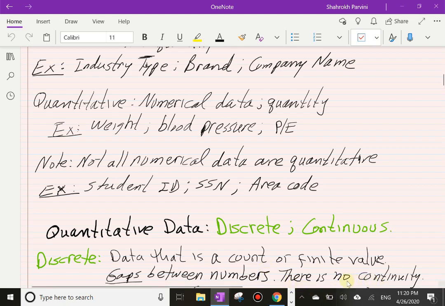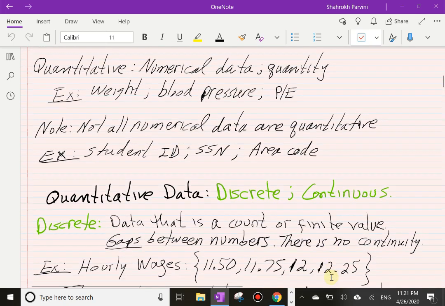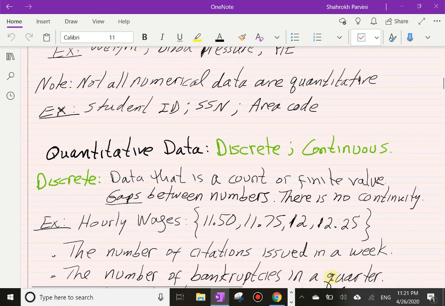The idea is that there's no continuity; you don't have values in an interval. For example, the number of students in this course, the number of students who work full-time in the class, the number of red light photo citations in a given month, or the number of homicides. Those are examples of discrete variables.